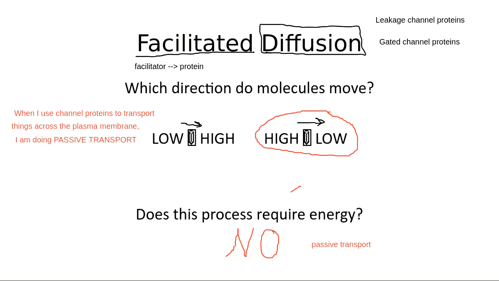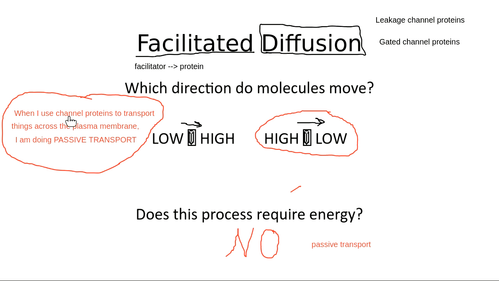This is an underline, highlight, star idea. We need to make sure we know this. When I use a voltage gated channel, I'm doing passive transport. When I use a leakage channel, I'm doing passive transport. When I use a mechanically gated channel, I'm doing passive transport.